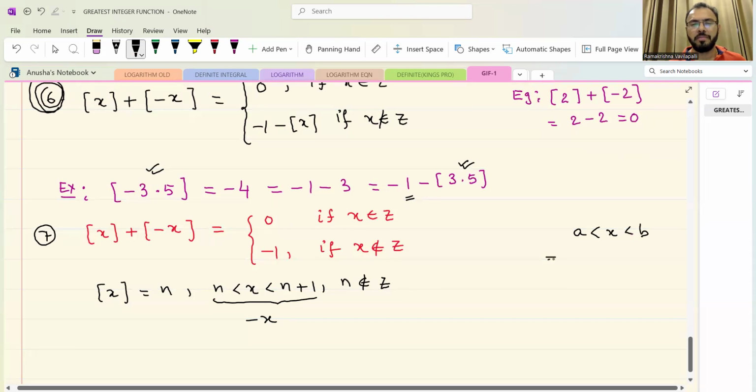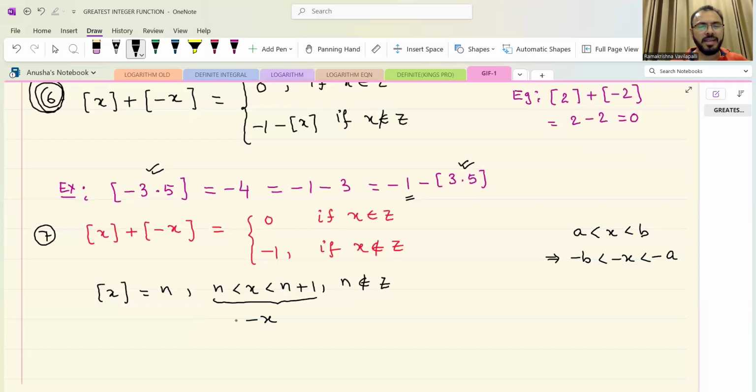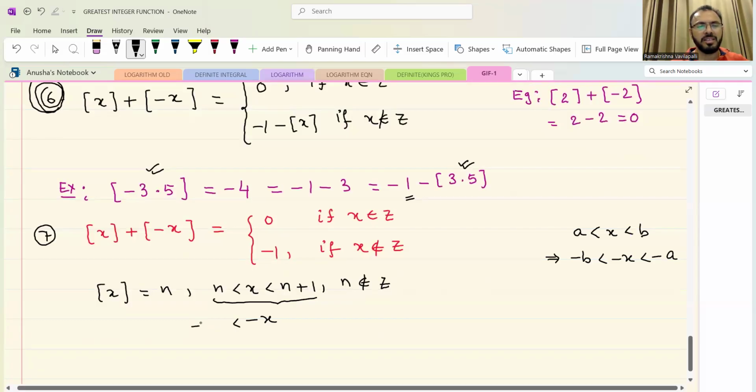If you multiply by negative sign, the inequality will be reversed, or the quantities will be reversed with the negative sign, like this. So here I'm going to write on the left side minus n minus 1, and on this side minus 1 minus n.